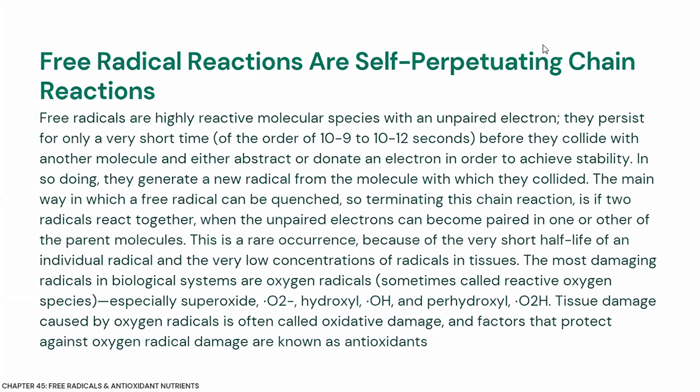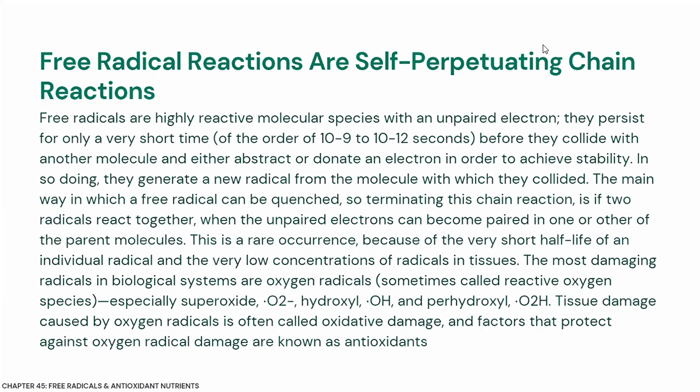So what happens? If it donates an electron to a stable molecule, that stable molecule becomes unstable because it has the unpaired electron. Now, if they abstract, they remove an electron from a molecule, that molecule will now have an unpaired electron. So it also becomes a free radical.